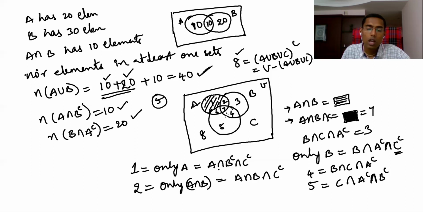This you can write using De Morgan's properties: A complement and B complement and C complement. That means not A, not B, and not C.